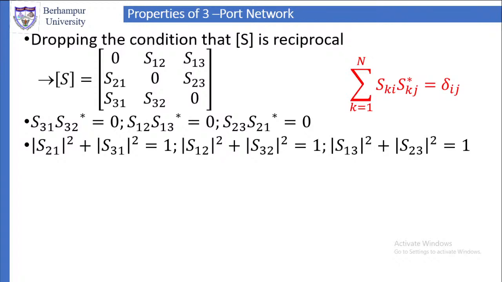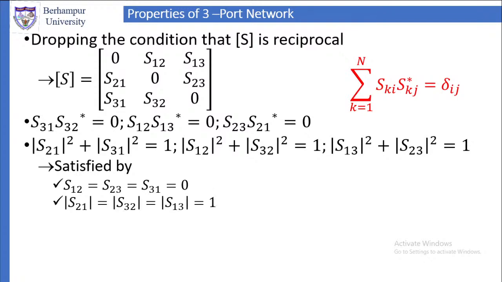Then the other property is S21 square plus S31 square is equal to 1. S12 square plus S32 square is equal to 1. S13 square plus S23 square is equal to 1. Look at these equations. The second equation will be satisfied only if S12 is equal to S23 is equal to S31 is equal to 0. Otherwise, this will not be satisfied.